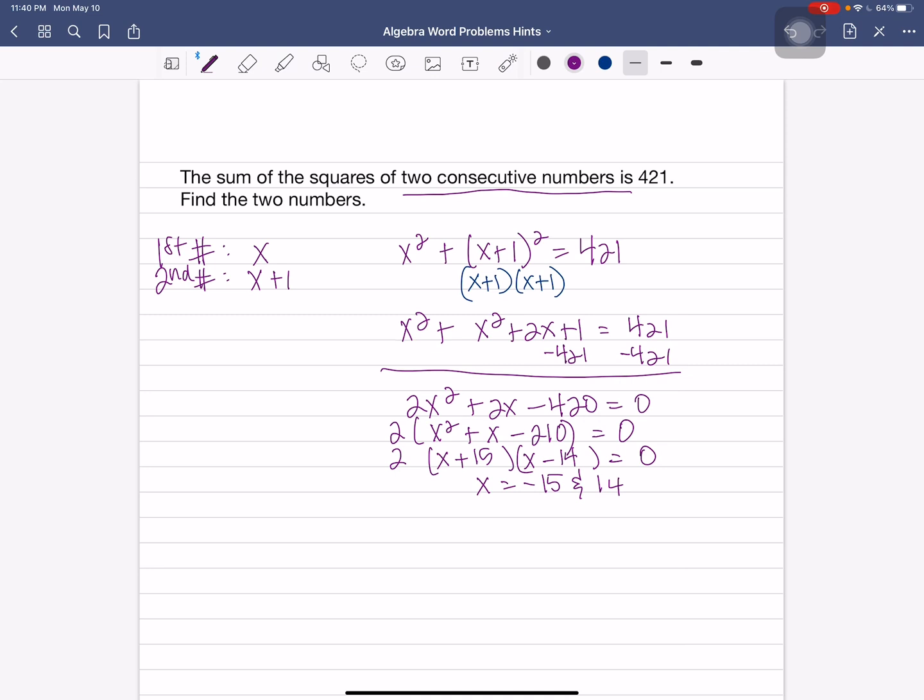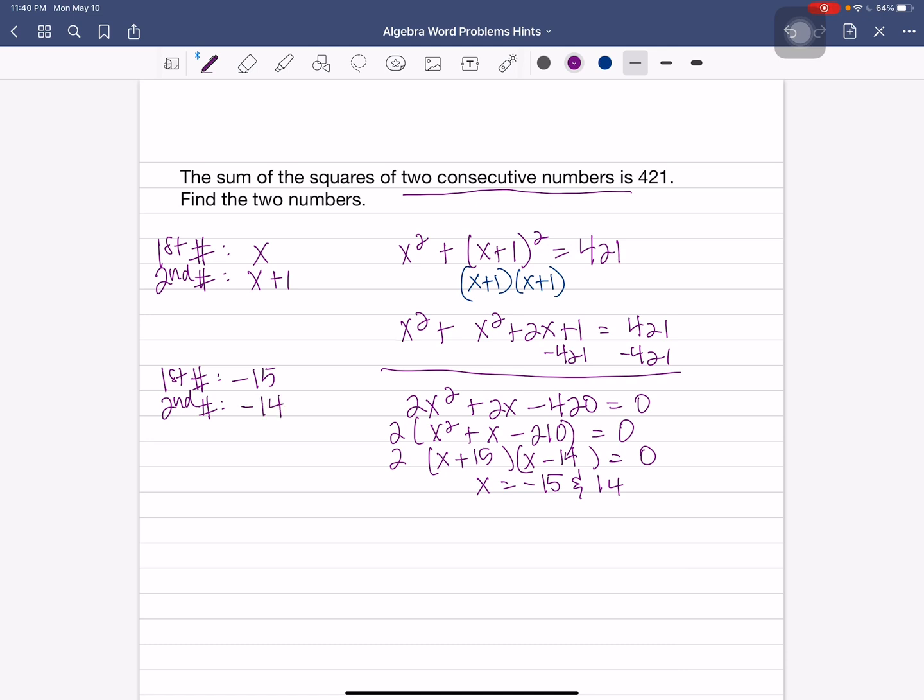Now, it doesn't say anything about being a positive number or being a negative number. So what I'm going to do here is say that if x is negative 15, so if my first number is negative 15, then my second number would be negative 14 because you add 1.